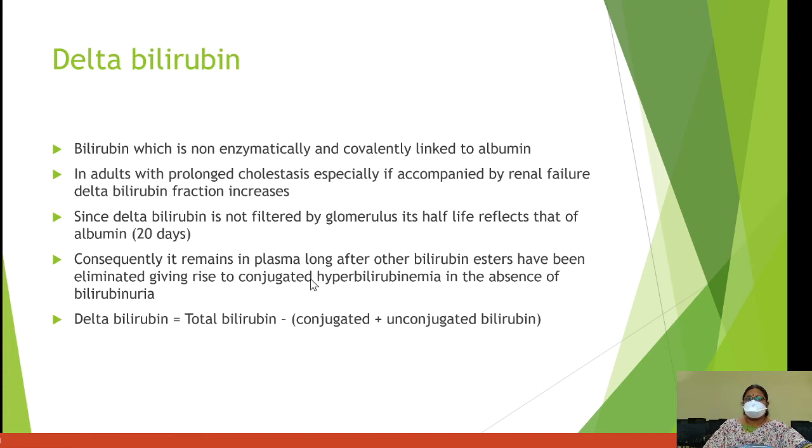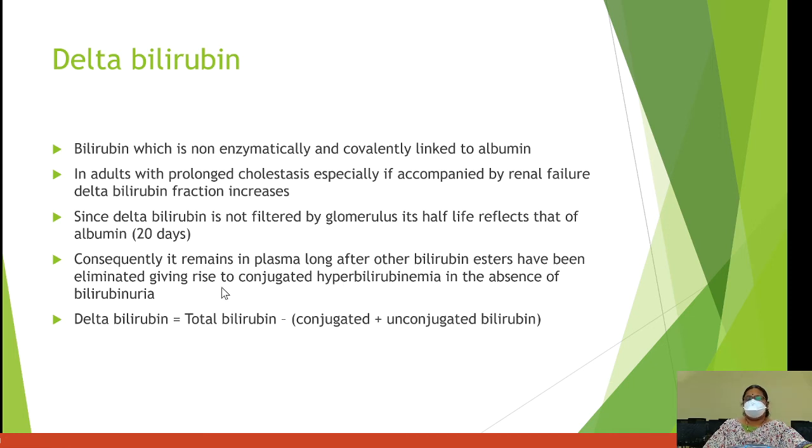So, when the delta bilirubin remains in plasma, you will get a picture of conjugated hyperbilirubinemia in the absence of bilirubinuria. That is, in the urine, bile pigments will be negative, but when we measure the serum bilirubin, there will be a persistent increase in the conjugated bilirubin.